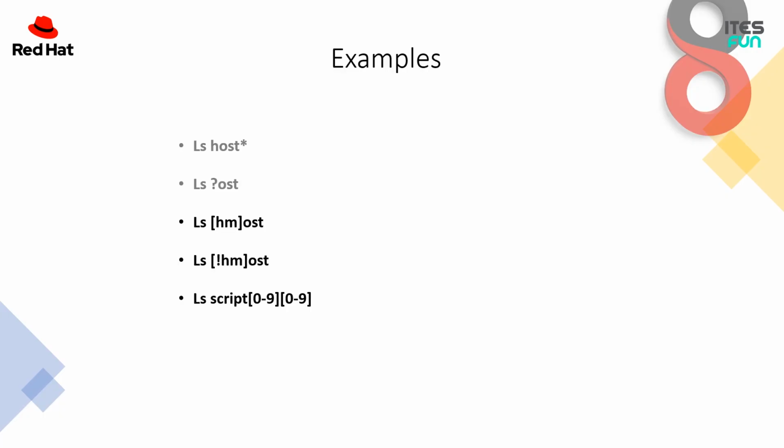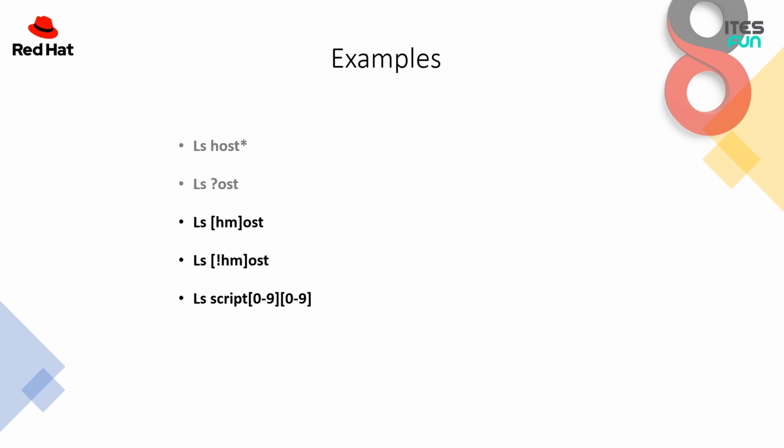The next example is ls square brackets h m ost. This will give you a choice: everything starting with either an h or an m. Let's have a look at the other examples in this slide before we go back to the demo environment. You can also use ls square brackets exclamation h m ost, which stands for everything except those files that have names starting with an h or an m.